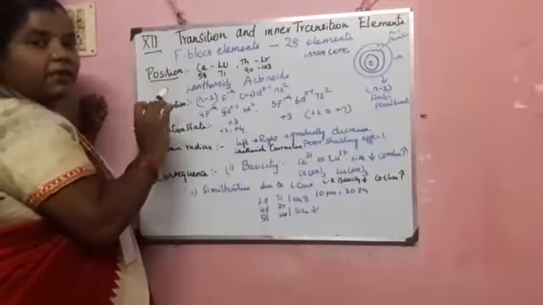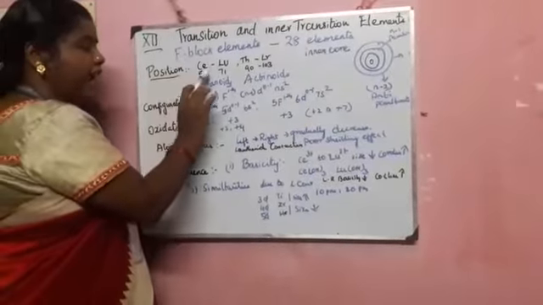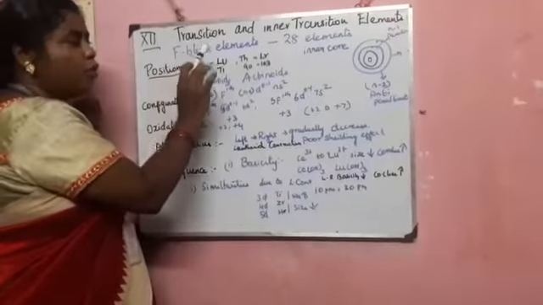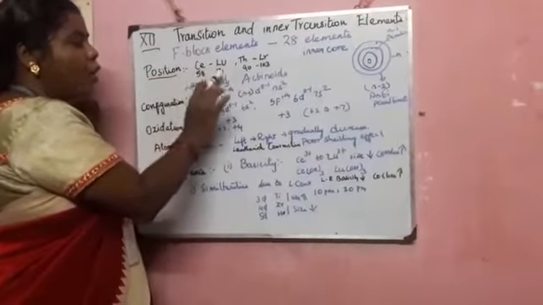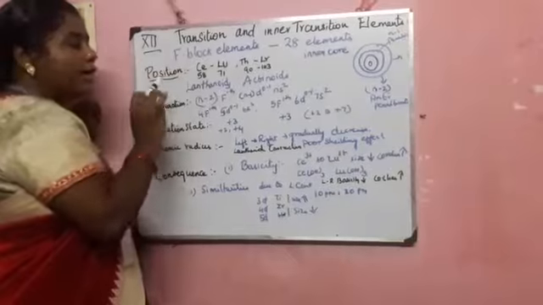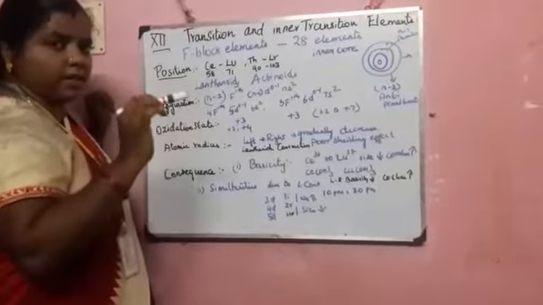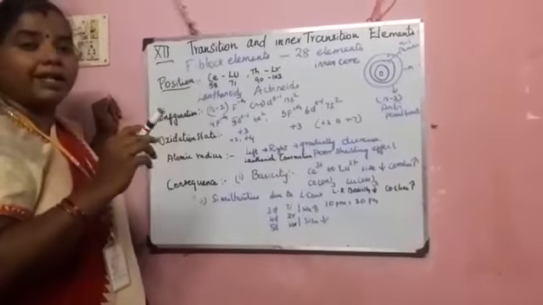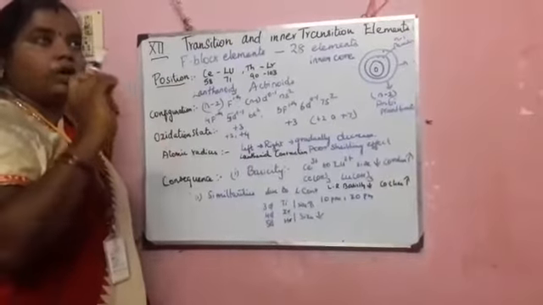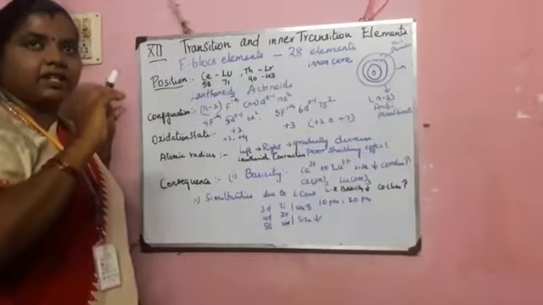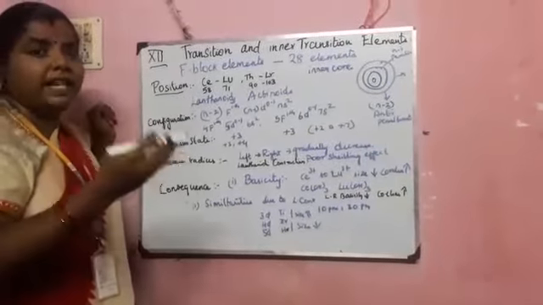The first series starts from 58 to 71, cerium to lutetium, and is called the lanthanides, now called lanthanoids, because the ending "ide" represents a negative ion.